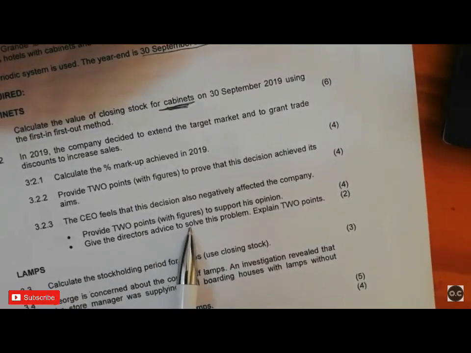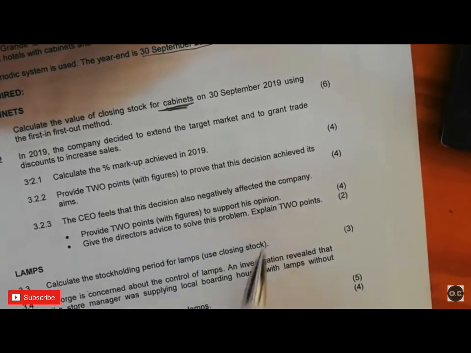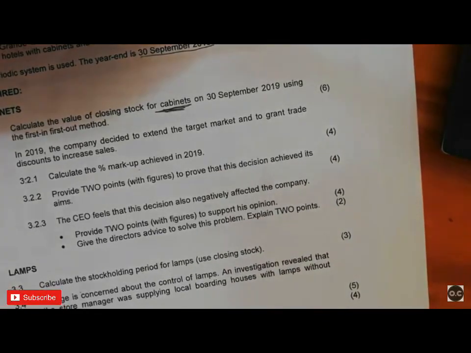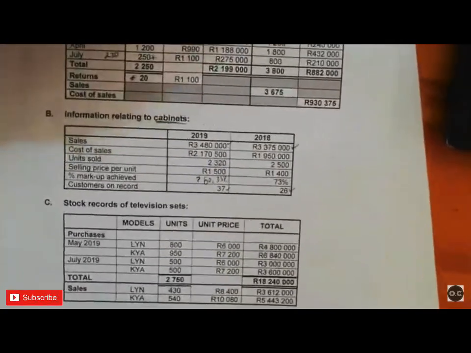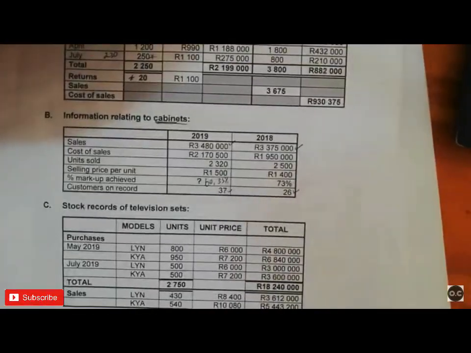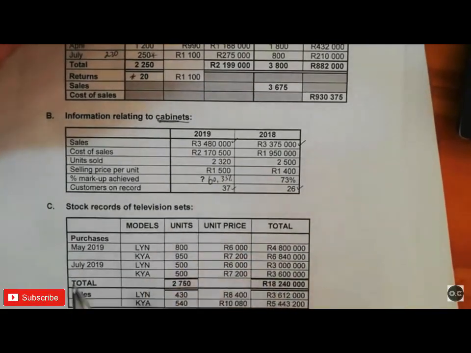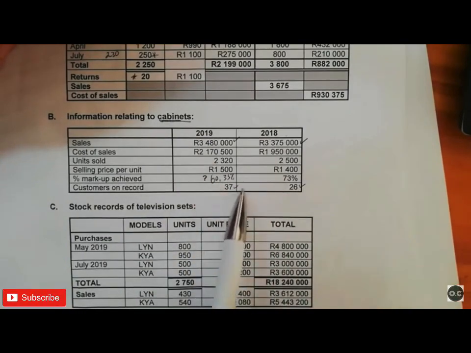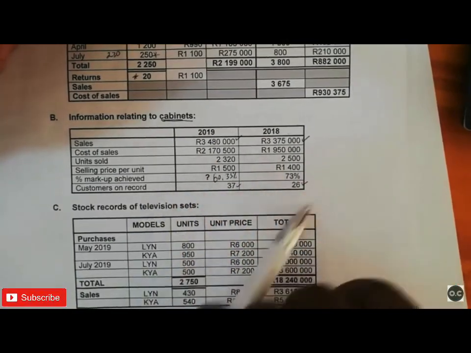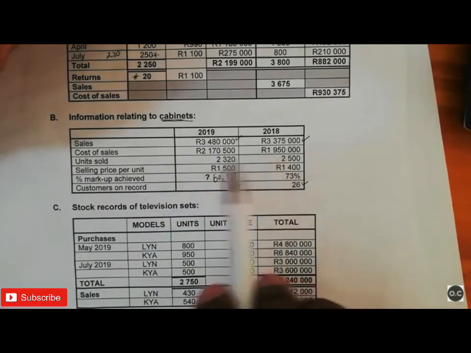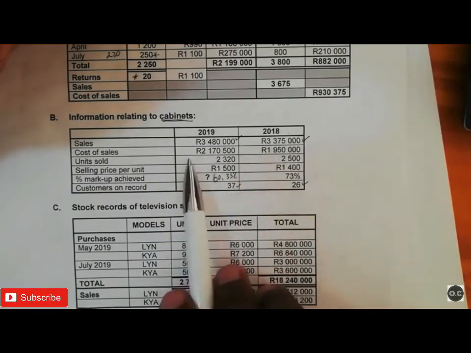Give the directors advice to solve this problem. Explain 2 points. You just need 2 points to give them advice as to how they can solve the issue. Again, if you look at the information they give you, you can come up with a strategy. Use your head, right? When I look at this, I think, for one, their cost of sales is quite high, right?